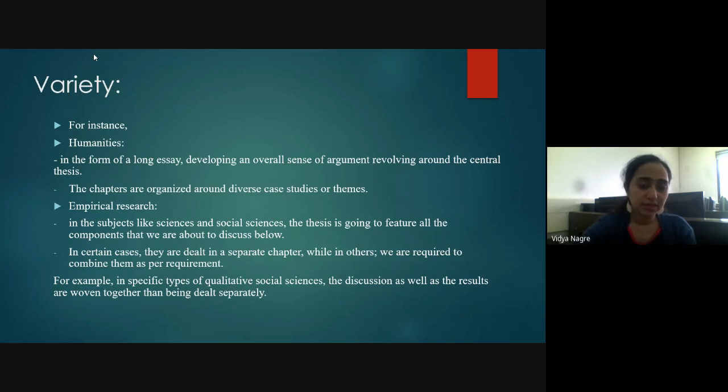In certain cases, they are dealt with in a separate chapter, while in other disciplines, we are required to combine them as per the requirement, the results and discussion section especially. In certain disciplines, they are treated separately. The analysis section is different, and the concluding part or findings part, the discussion part, is separate.